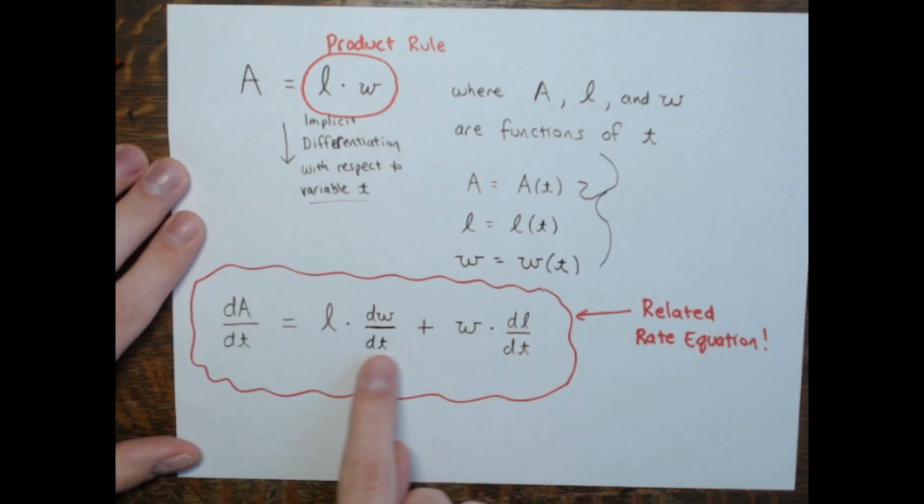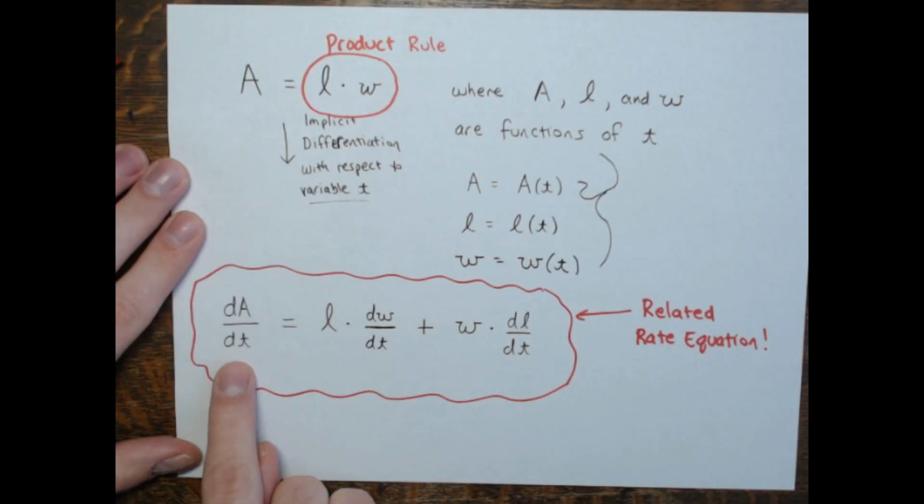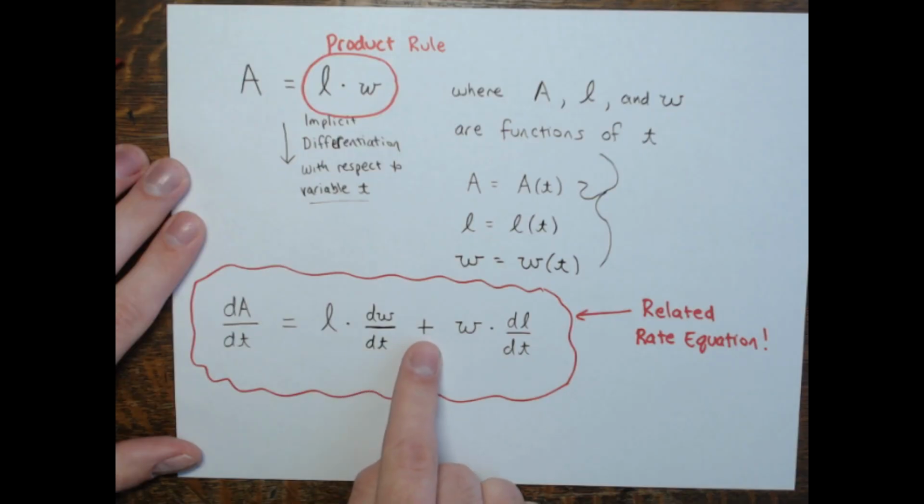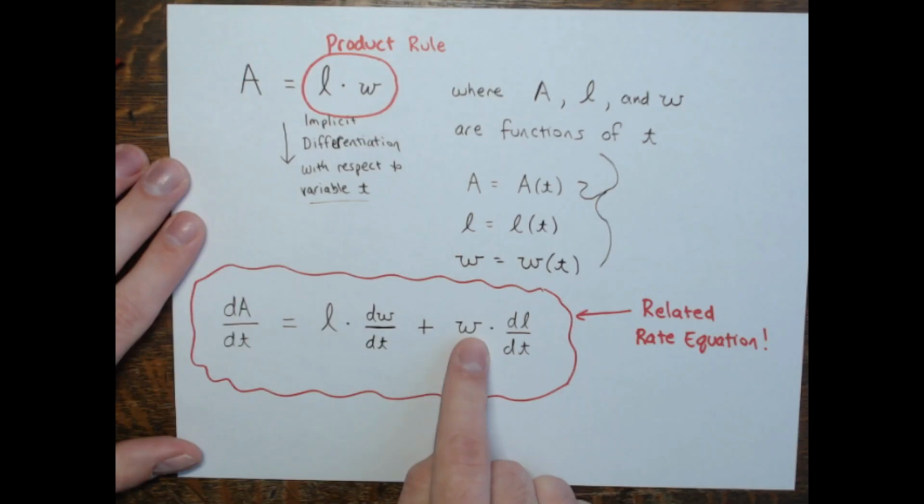So this right here is saying that at any particular moment, for this particular rectangle they're talking about, how fast the area is changing is equivalent to the length of the rectangle at that moment multiplied by how fast the width is changing at that moment, plus the width of the rectangle at that moment multiplied by how fast the length is changing at that moment, right? The speed at which the length is changing.